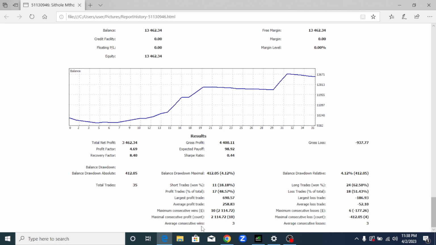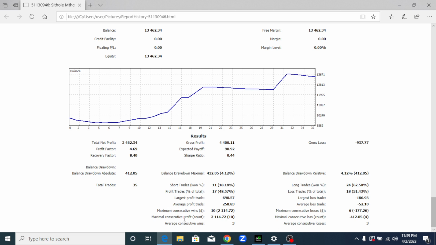You see average consecutive wins 3, consecutive losses 3. At least they are equal, and this is mostly good if you have high risk to reward.